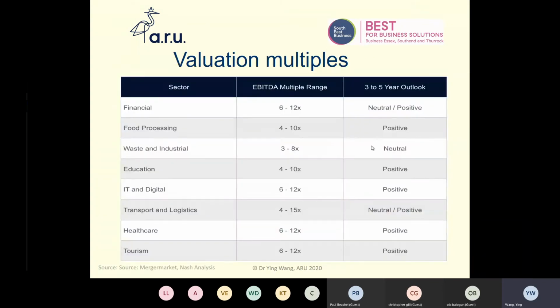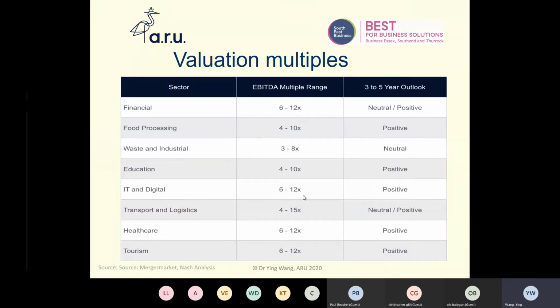So the valuation multiples, quite often, depend on the sector. It will find the EBITDA of the company, and then depends on which industry sector. The sector reflects the business risk, and EBITDA reflects the financial health of the company. Therefore, it comes back to this multiple.